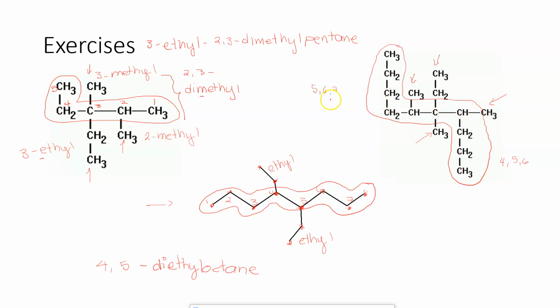So if you see, guys, if I start from this carbon, my substituents are going to produce smallest numbers, right? So this is carbon 1, 2, 3, 4, 5, 6, 7, 8, 9, and 10, okay?